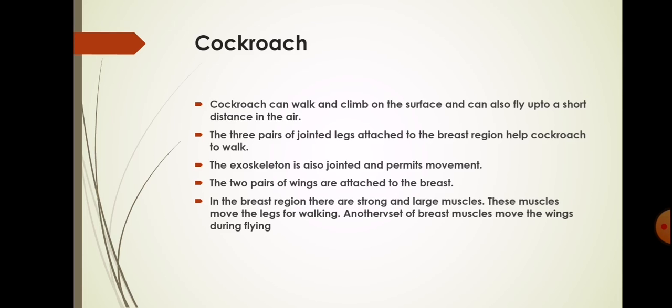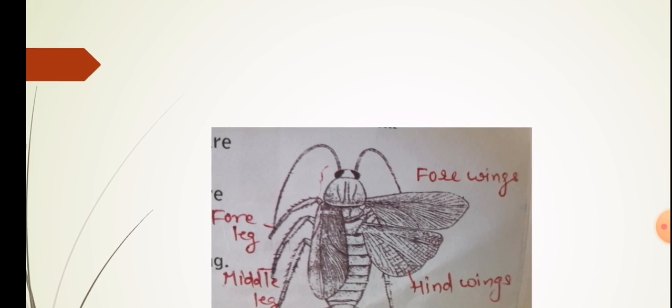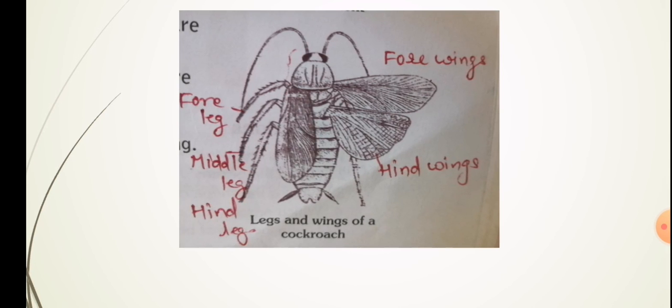Now these are the parts of the cockroach: two wings, four wings, hind wings, then three pairs of legs, front legs, middle legs and hind legs. This is the anatomy of the cockroach.